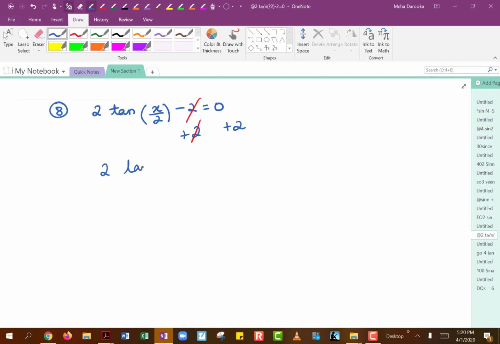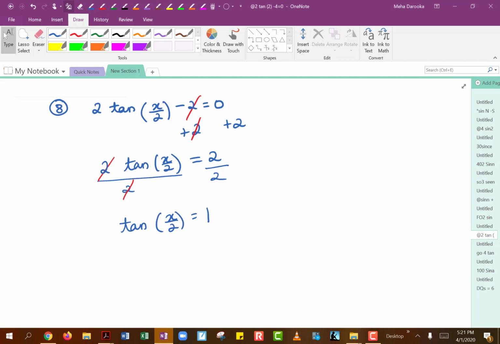You are left with tangent of x over 2, and then of course we have that 2 in the front. So we want to go ahead and divide both sides by 2 to get our tangent function by itself. These cancel out, leaving us with tangent of x over 2, and of course your right hand side will now just become positive 1.